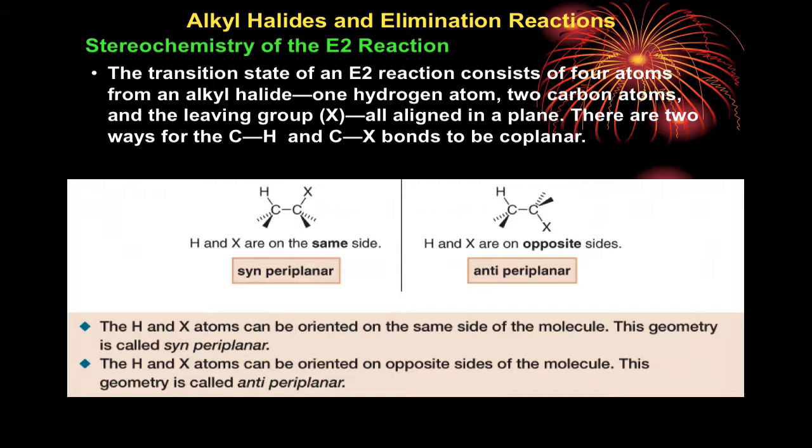So if I'm thinking about the base coming in and abstracting this hydrogen, these electrons are going to become the pi electrons. They have to come over and form that pi bond and push the halogen out. So if you want to think of it, these electrons are kind of like the nucleophile coming in and making the leaving group leave. So that would dictate that these two things have to be on opposite sides of the plane, or anti-periplanar.